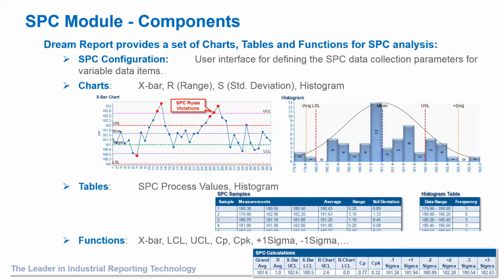Dream Report already has around 45 or 50 built-in calculations or statistical functions. These are SPC-specific, so calculated upper and lower control limits, Cp or Cpk, process capability. These are very important key indicators in an SPC initiative, and they are all exposed with the SPC module.